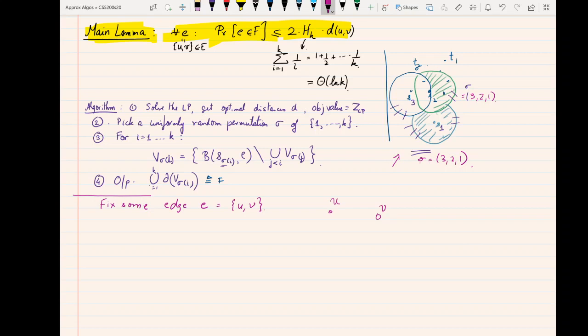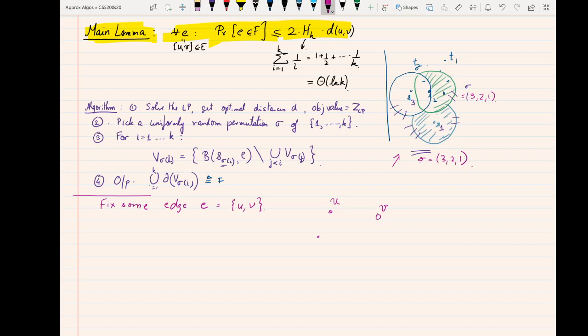You have u and v, and some distances to all the remaining points. Now what I'm going to do is think about a certain terminal, that is a ball around some si, as capturing or cutting this edge, one by one.